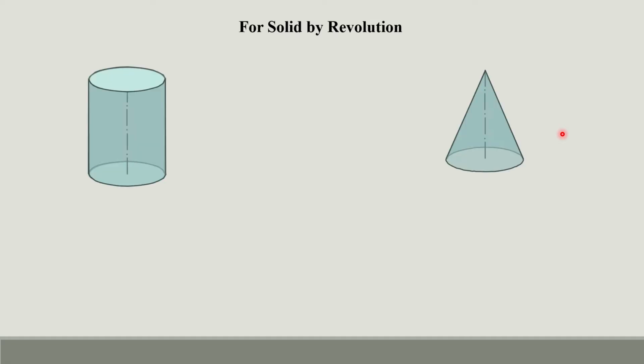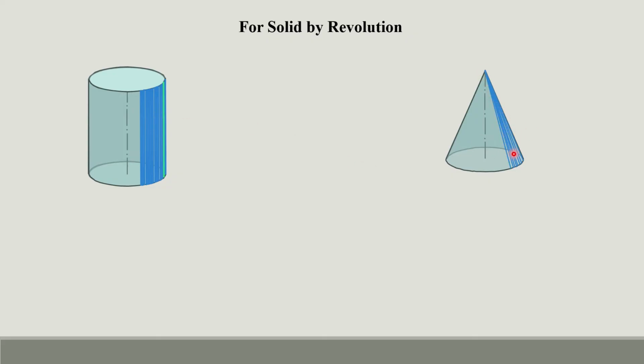For solids by revolution, as they do not have any corners, it is assumed that the surface being generated consists of multiple generators joining together in order to form it. So here are the generators for your understanding.